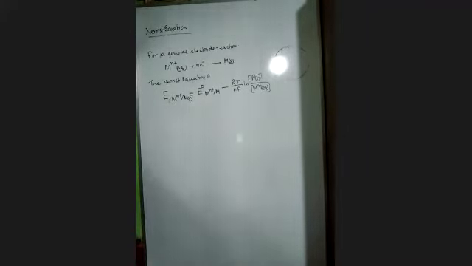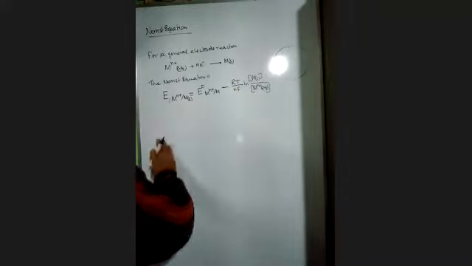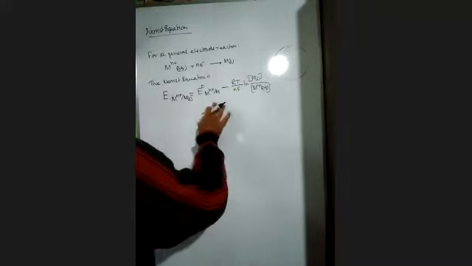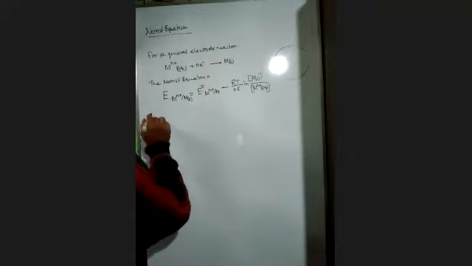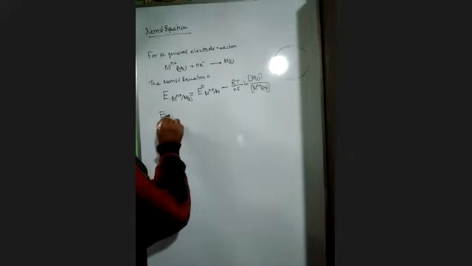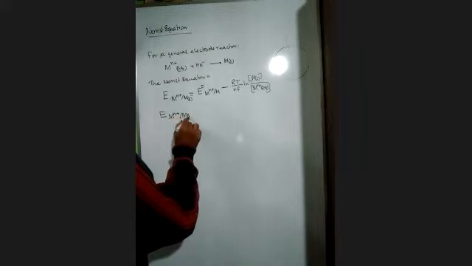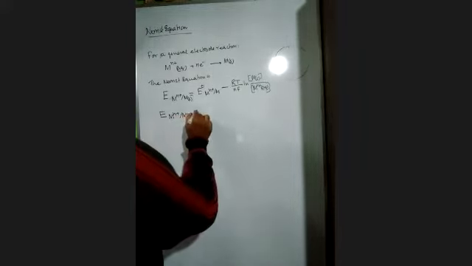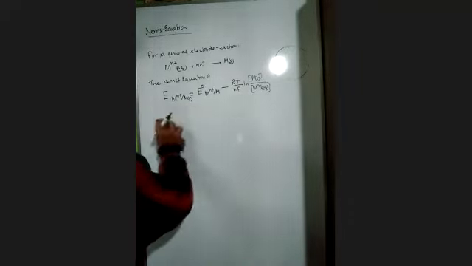So let me write down what is the meaning of this. Okay, before that, see, this is the exponential logarithm, but in all our calculations, we are taking log base 10. So we write now again here E(Mn+/M).